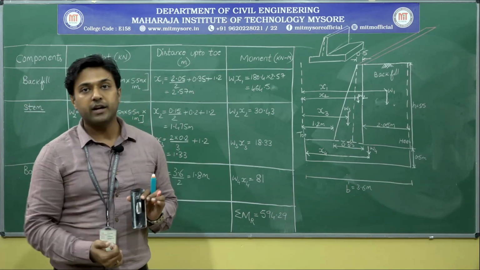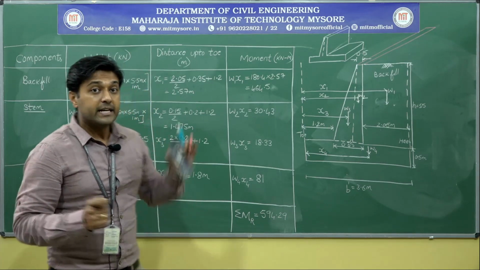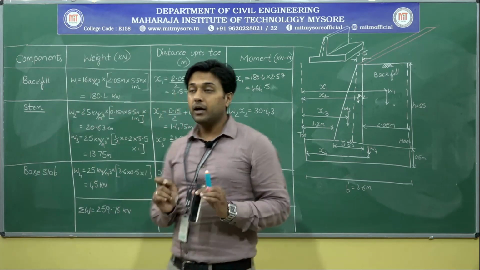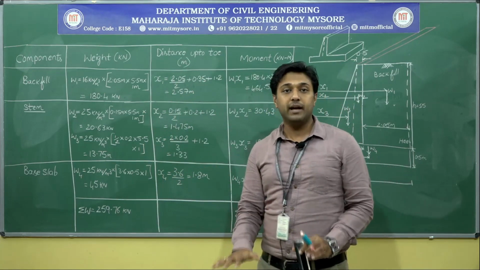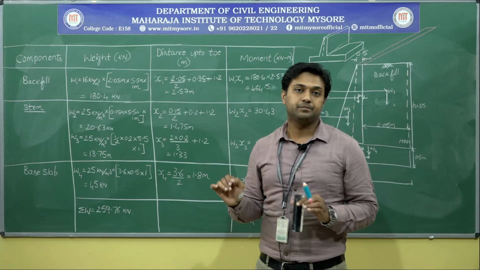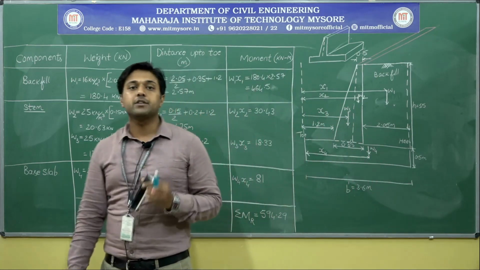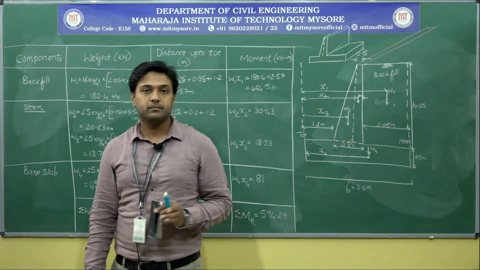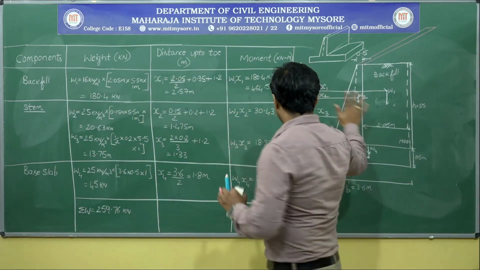Still we have not entered into the check for soil earth pressure. Just we have calculated what are all the loads that are exerted onto the soil beneath. So now I will be entering into the check for soil earth pressure. Now I will be rubbing this tabular column because I need this diagram.